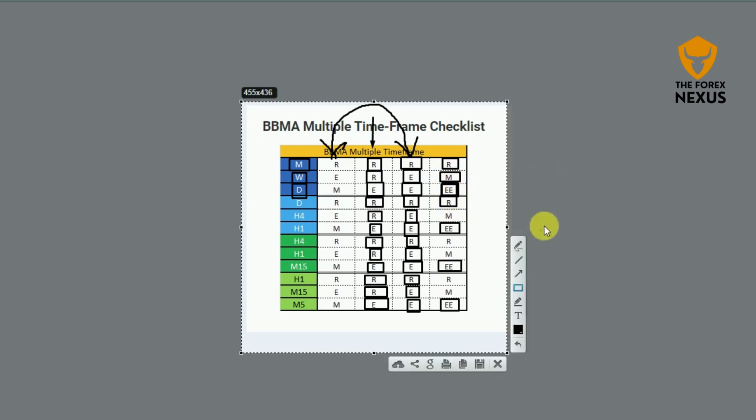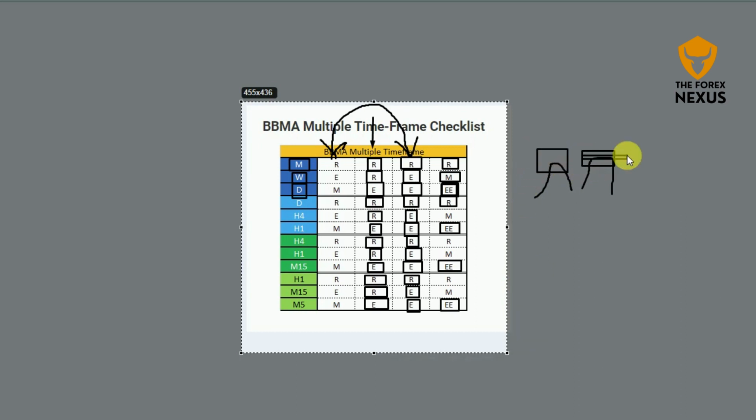The market will make a double extreme, like a double top. Okay, so then you can take a trade here at this point. If on the daily time frame you got a re-entry, then check the second time frame H4, there will be MHV. On the third time frame there will be extreme, double extreme.